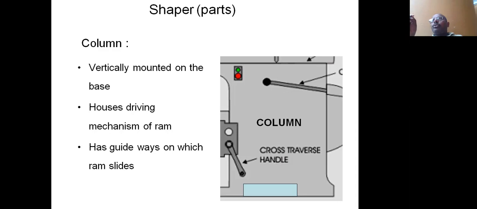Remember, during manufacturing itself, the guideways are built into this column. So what is the specific requirement of the guideways? Very simple: to allow the sliding of the ram over the column. That is the function and importance of the guideways over the column.